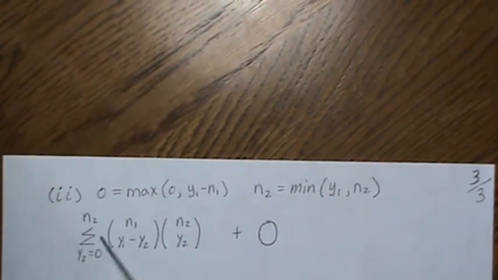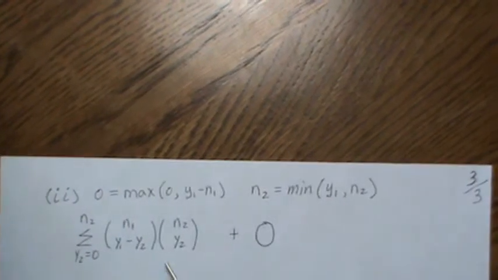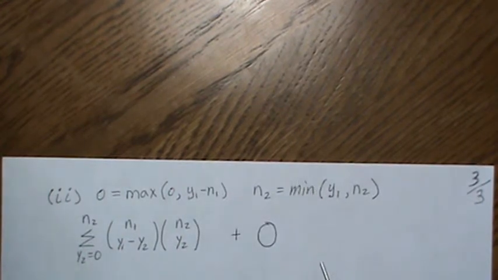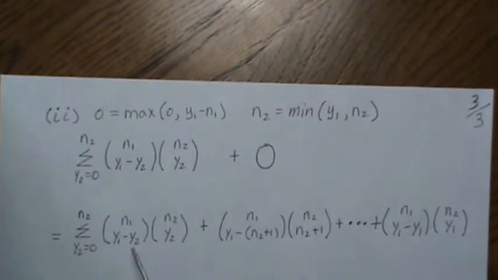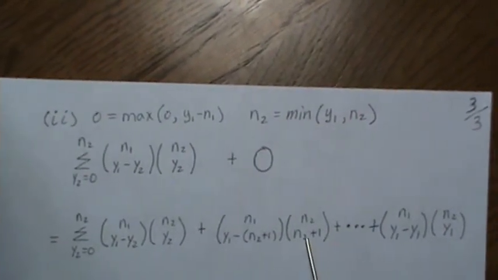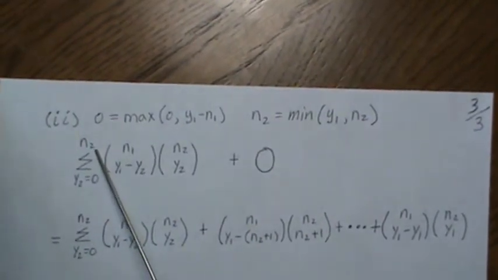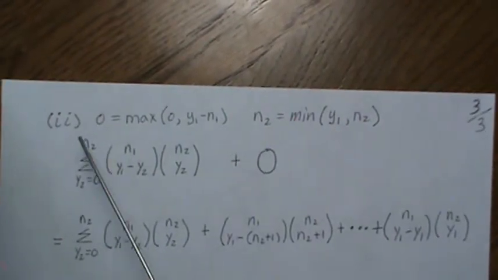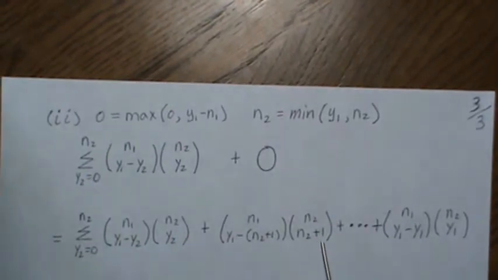Now, this is all we want to sum, so it's kind of silly to say that if we add 0, it doesn't change this sum. That's a true statement, but we're going to add a well-chosen 0. So this stays the same, but once Y2 gets to N2, it's at the last spot, but let's go one more to N2 plus 1.